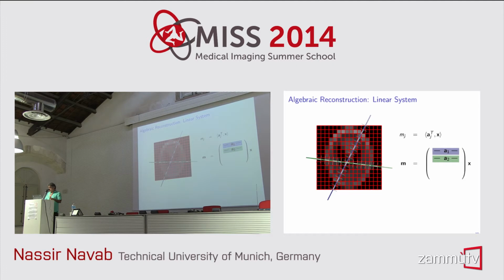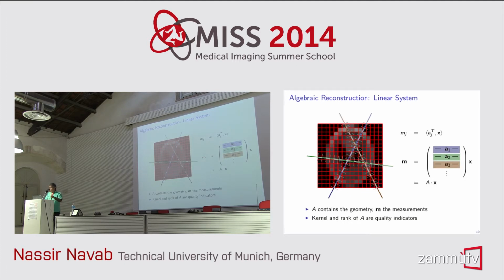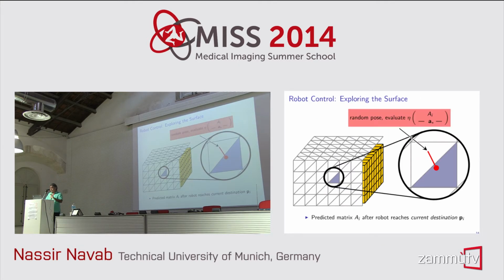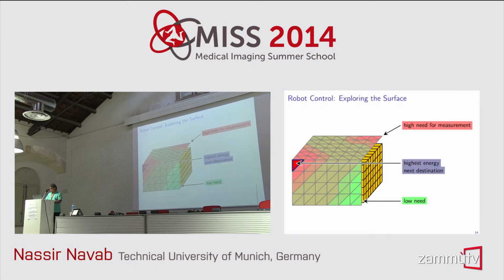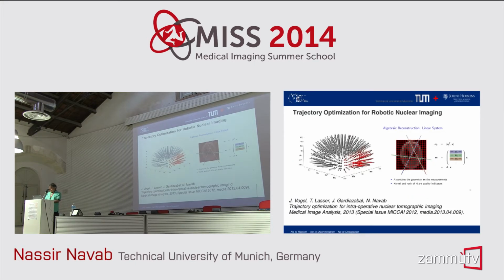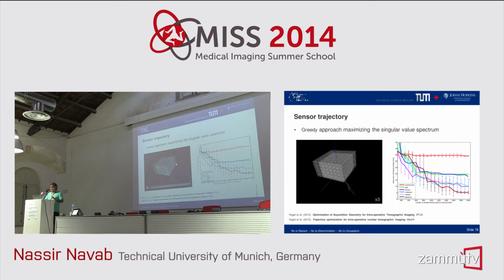So we had this beautiful work by Jakob Vogel and Tobias Lasser, which was published in MICCAI and MedIA, where we did a lot of random computation of the singular value decomposition of our measurement matrix, and determined that the one acquisition which would give me the best additional information is the one which changes my singular value decomposition in a way that I'm going to have a better representation of that matrix.